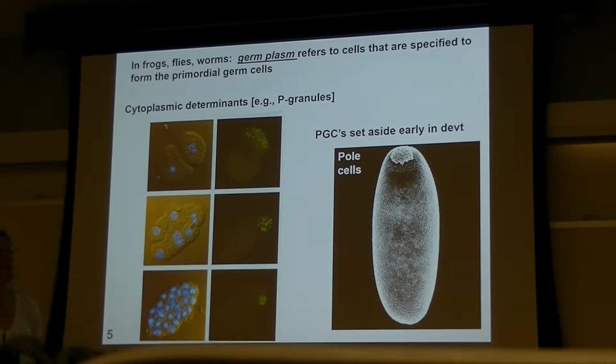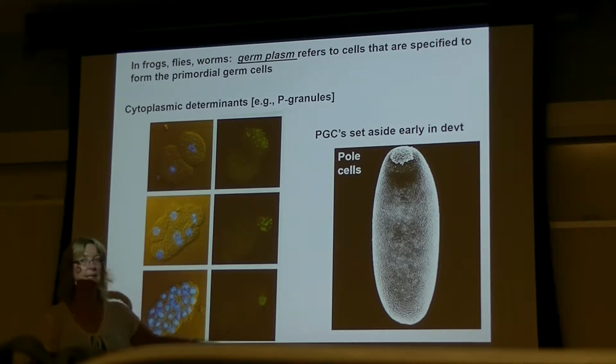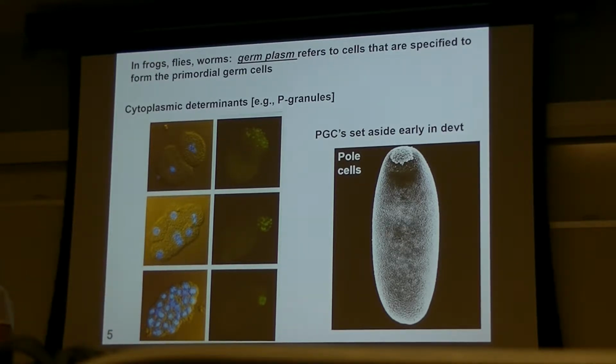Then our worms here, C. elegans, have also specified the germ cell lineage really early in development. And those are the cells that happen to inherit these P granules that can be identified by our P granule antibody here. And so these cells have made that decision to take on germ cell fate really early in development.